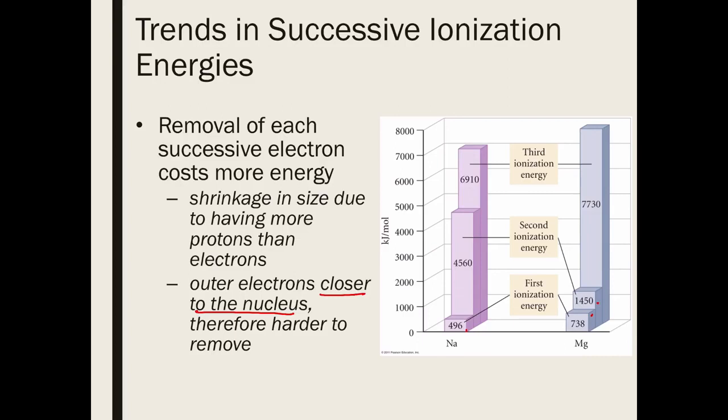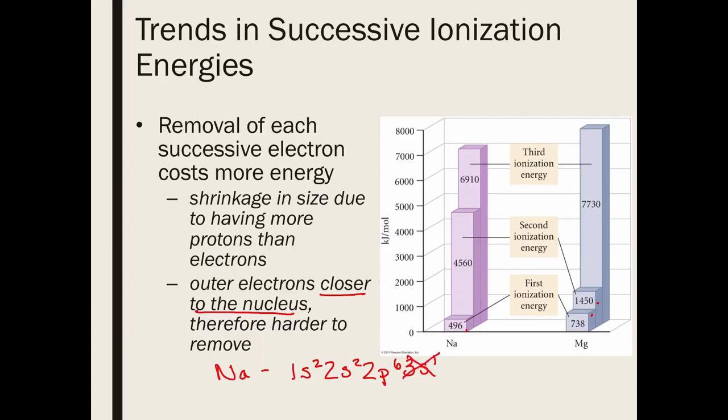So here's what's happening. If we think about the electron configurations of sodium and magnesium, sodium is 1s2, 2s2, 2p6, 3s1. Sodium has one valence electron, and this 496 is fairly easy, it's fairly easy to pull off this one valence electron.